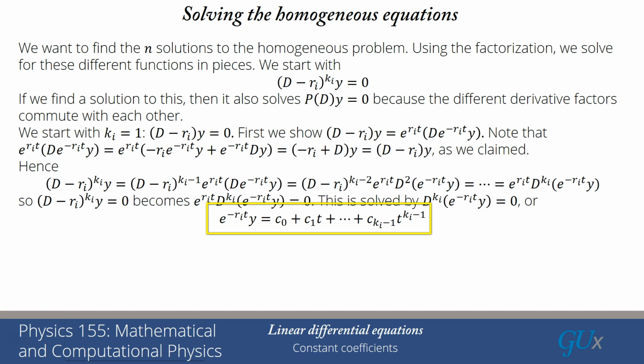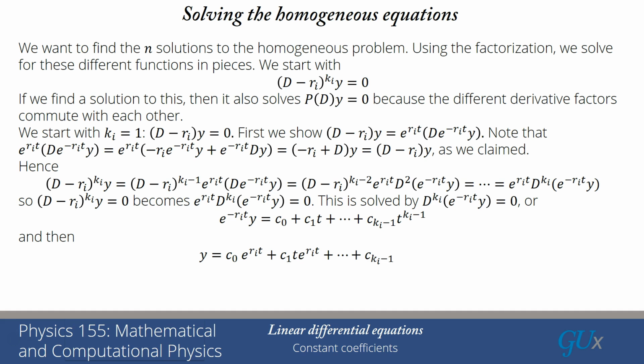Because if I take k_i derivatives of that, every term in that polynomial is going to give 0. So we immediately learn e^{-r_i t} times y is equal to c_0 plus c_1 t all the way up to c_{k_i-1} t^{k_i-1}. We multiply by e^{r_i t} and we get our k_i solutions.